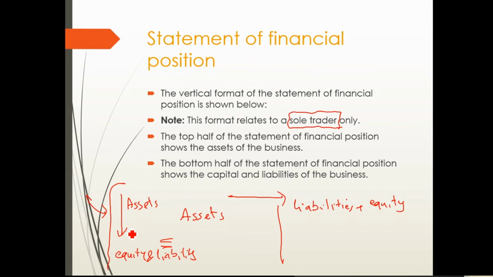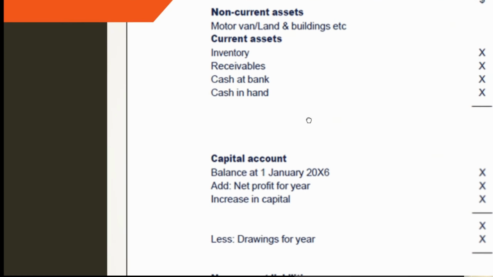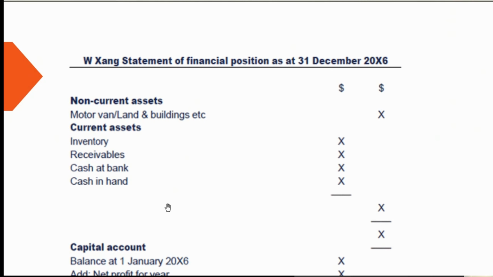The top half of the statement of the financial position shows the assets of the business. The bottom half will show both the capital, which is the equity, and the liabilities.